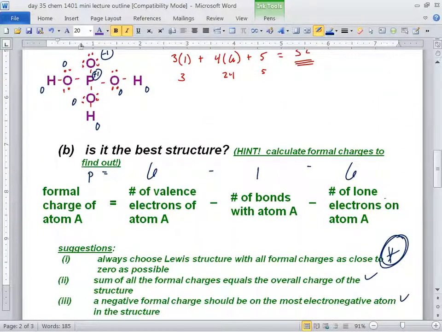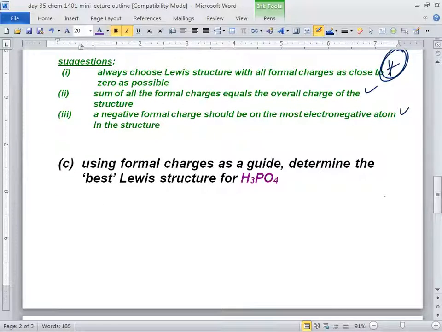So we've got to recopy this. We've got an O, a P, an O, an O. Hold it. I forgot my structure. Yeah, that was right. And then we had H's. So there was our skeleton. See if that fixes it.